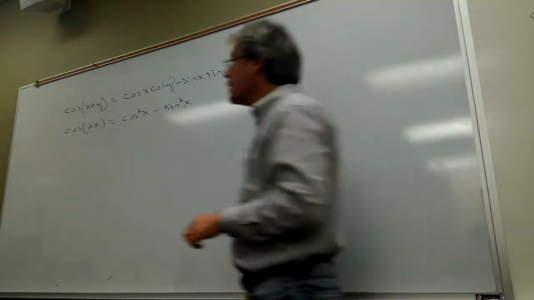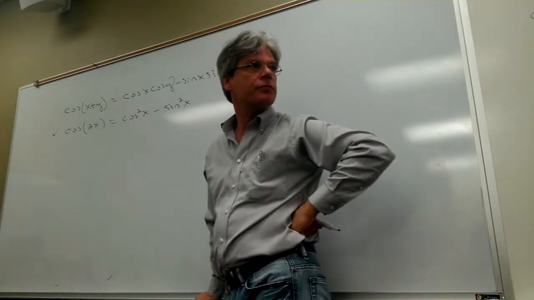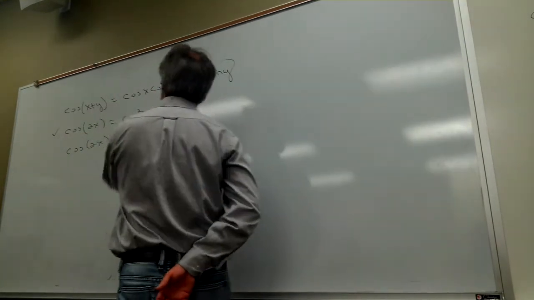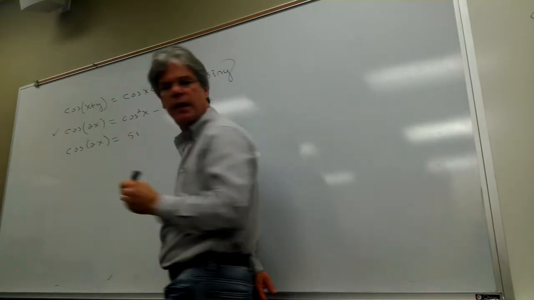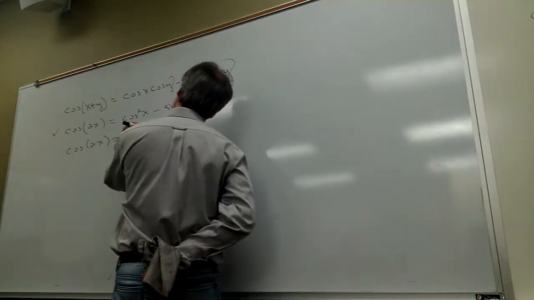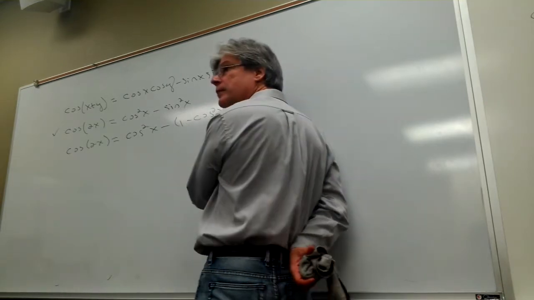Actually, to be honest with you, this really is one version of my double angle identity for the cosine function. Another one could be generated by replacing sine squared of x with 1 minus cosine squared of x, just via my Pythagorean identity.